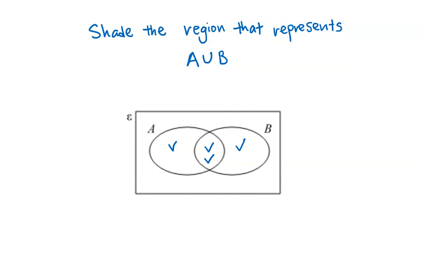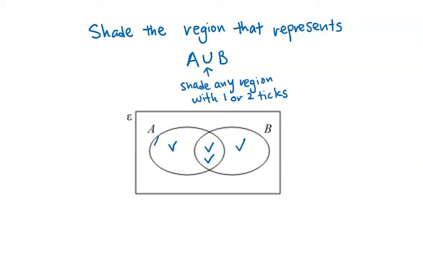Alright, so next, do remember that for union, I'm going to shade any region with one or two ticks. So that means I'm going to ignore the regions without any ticks.